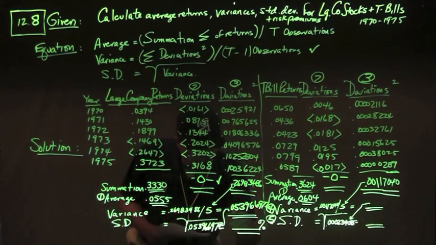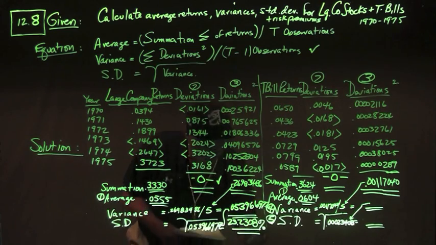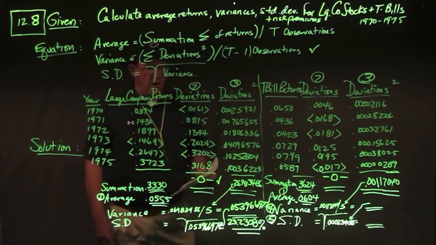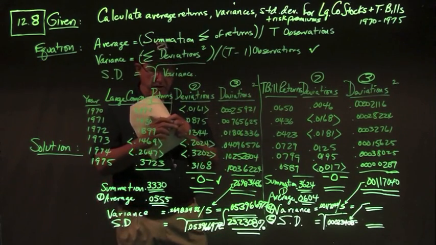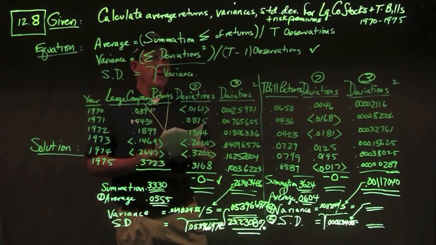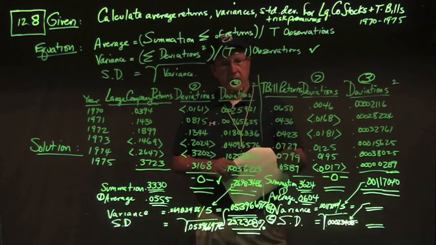I get a standard deviation for large company stocks of 23.2308%. So a lot of volatility in these years as measured by the standard deviation, a very high standard deviation. Now let's look at T-bills over those years.